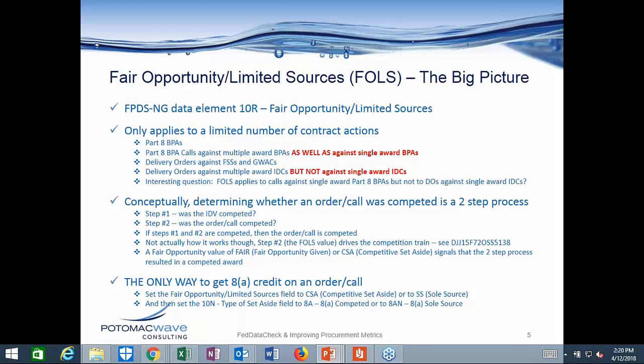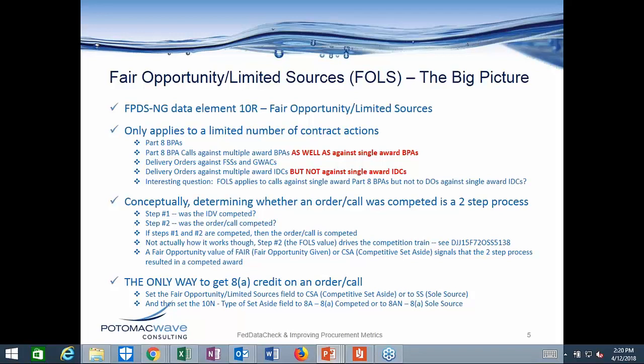The next big picture, the last one here, 8A credit. So you exercise the authority. It came in 2010, if I'm not mistaken, the Small Business Act, that you're going to put in an order against a federal supply schedule, and you're going to go through the 8A program, through an 8A competition.